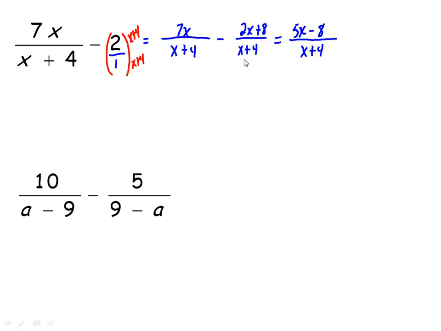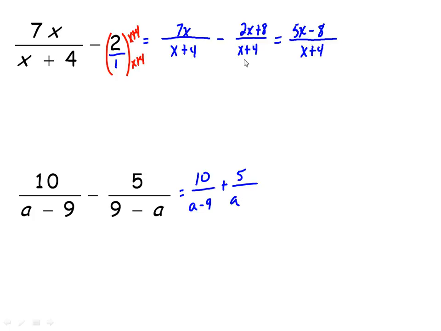So what we're going to do, every time you see a denominators that are opposites of each other, what we're going to do is we're basically going to factor out a negative 1 and use that negative 1 property. And watch this. If you have a subtraction problem, it's going to turn into an addition problem. So we're going to have 10 over a minus 9 plus 5 over a minus 9.